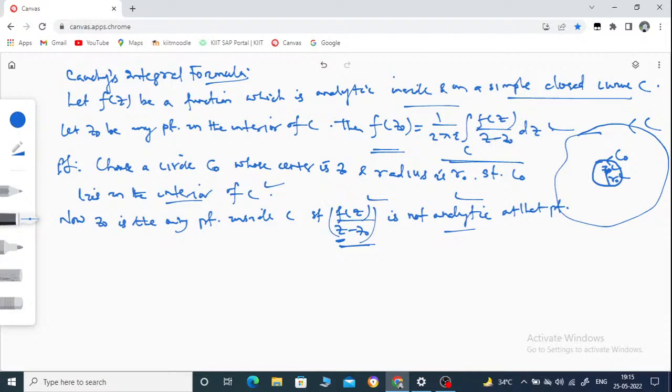Okay, so we can say this z naught is the only point inside C where f of z divided by z minus z naught is not analytic. So you can write only this much: this is not analytic. Okay. Hence, what can we say?